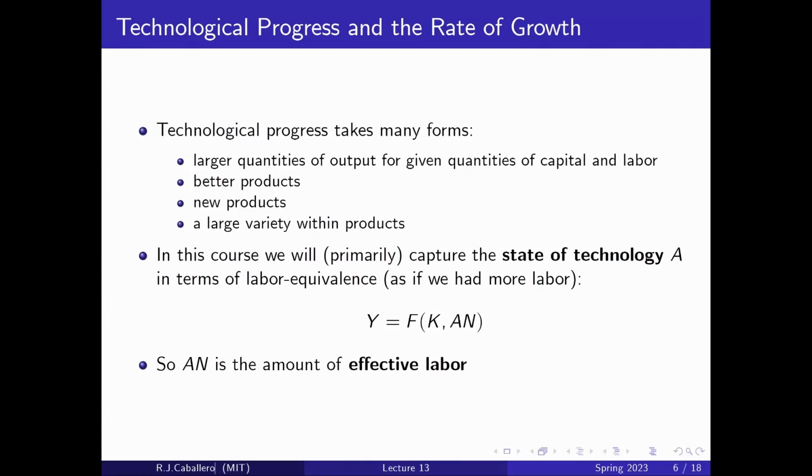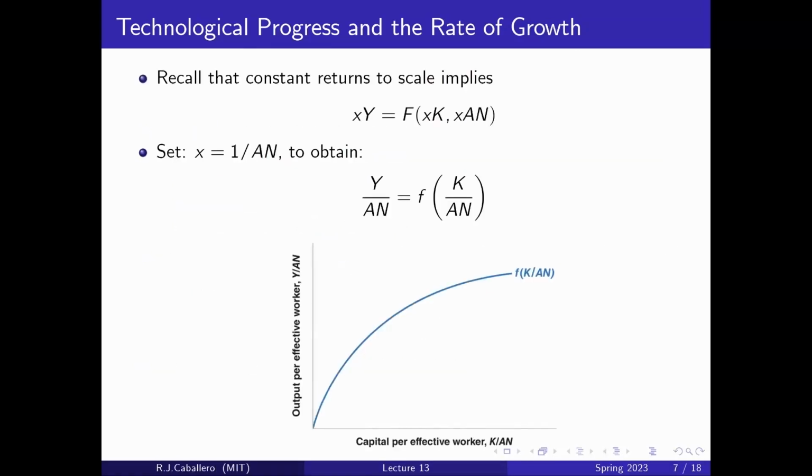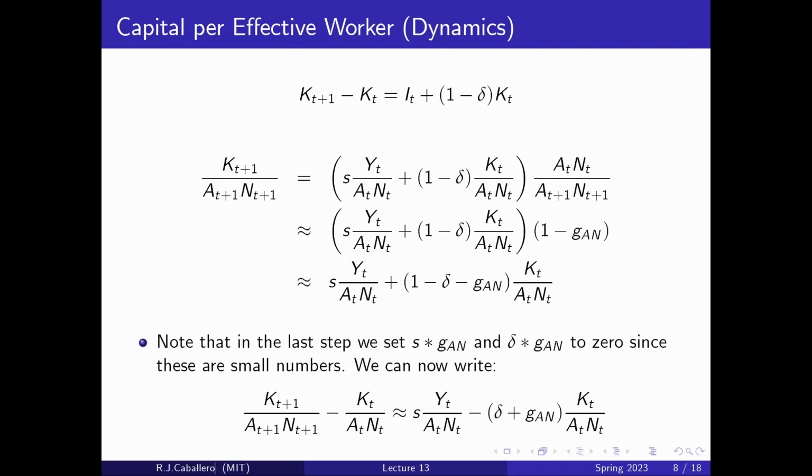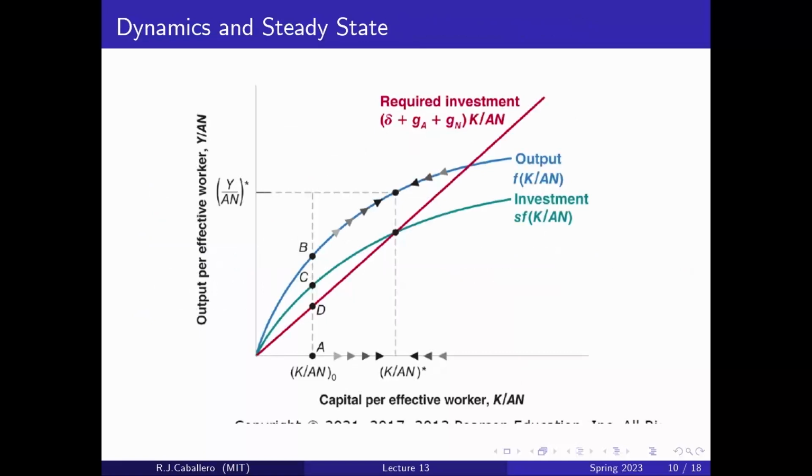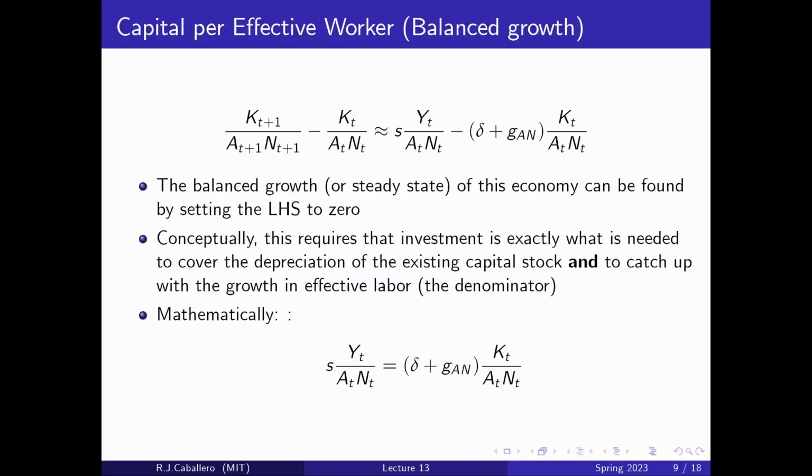And you can use exactly the same diagram we had before, but now our scaling factor, rather than being 1 over population, is going to be 1 over effective workers, 1 over AN. You conduct exactly the same analysis, with exactly the same approximations I did before, but the difference now is that rather than gN, you have gAN.